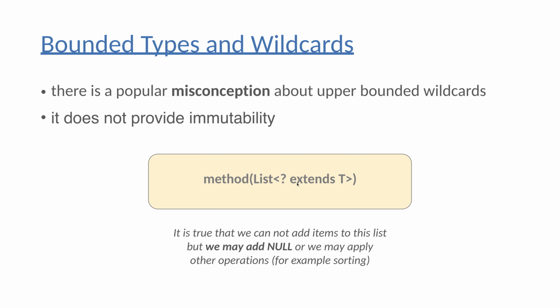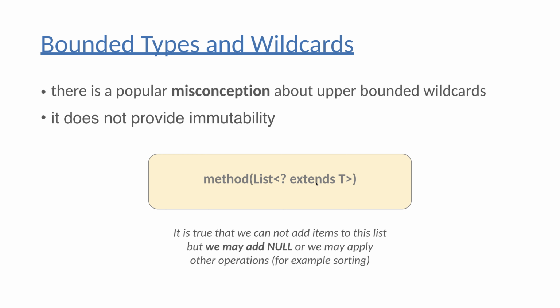so list question mark extends t, of course, sorry for that, I forgot to add the name of the given variable, but anyways, what's crucial is that here we are dealing with the extends keyword, which means that we are dealing with upper bounded wildcards. It is true that we cannot add items to that list, but we may add null values.